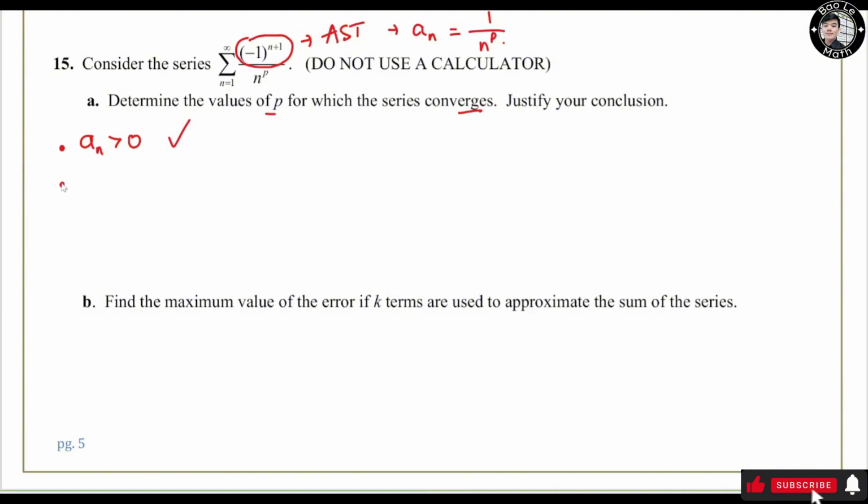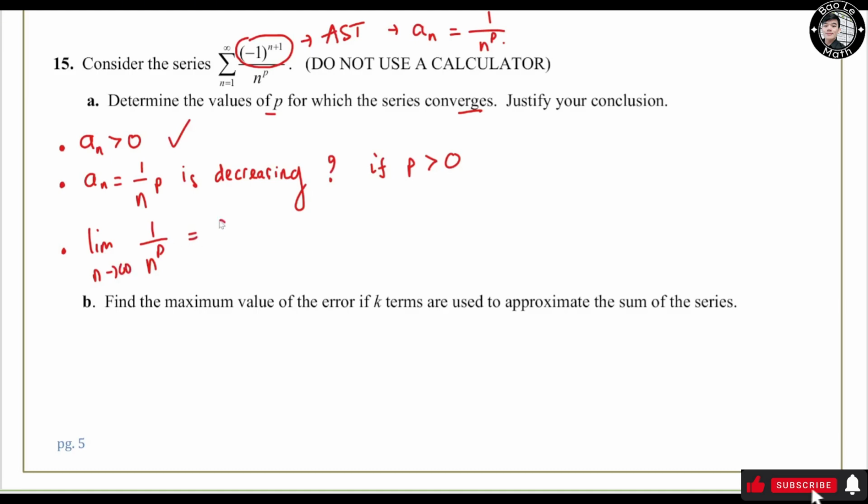Next, you're going to check to see if a sub n equals 1 over n to the p is decreasing. This is decreasing if p is greater than 0, if p is positive. Third, you need to check to see if the limit of a sub n, which means 1 over n to the p, as n approaches infinity equals 0 if and only if p is greater than 0.